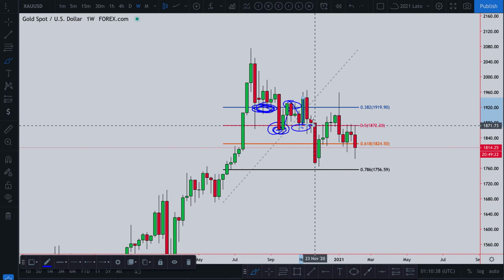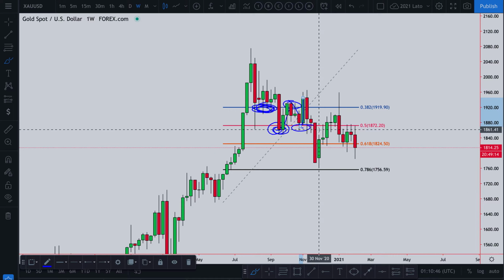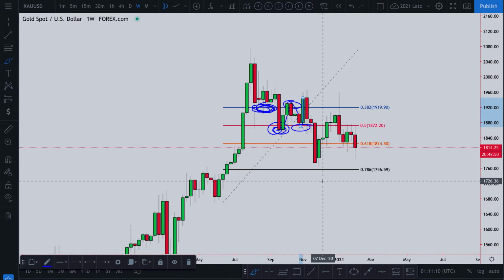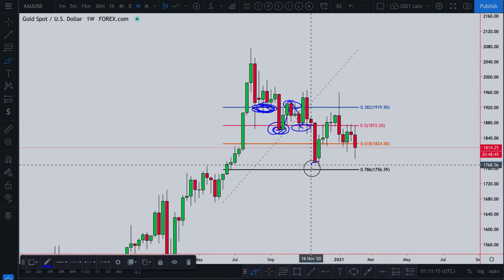It came back and tested again, and you can see that red candle there. Again the big sellers were there, and it was a hard sell-off, so that candle was able to break 0.618 of the Fibonacci level. The market tried to test 0.786 but could not do it, hence the market rejected from that level.